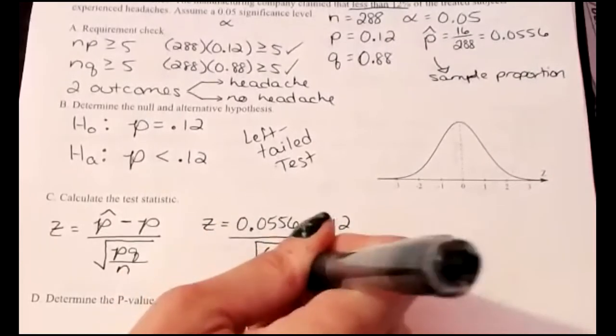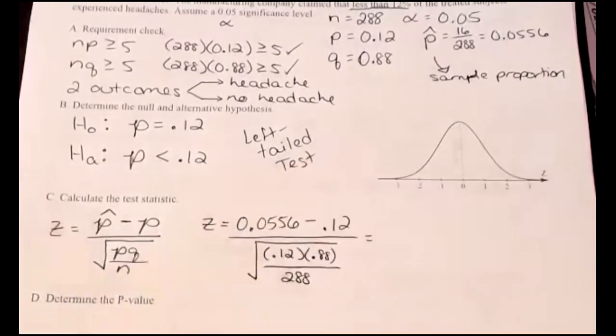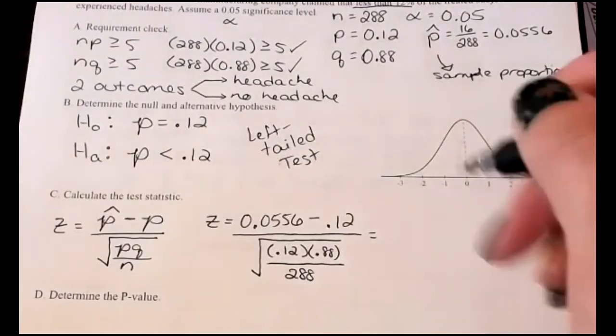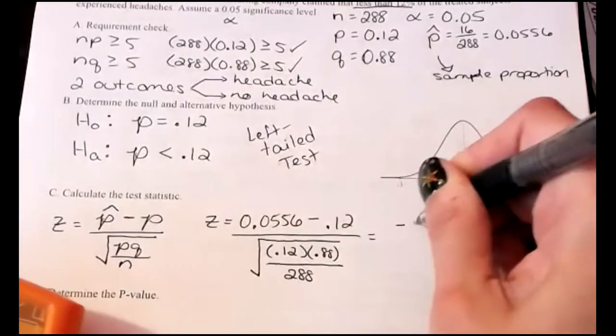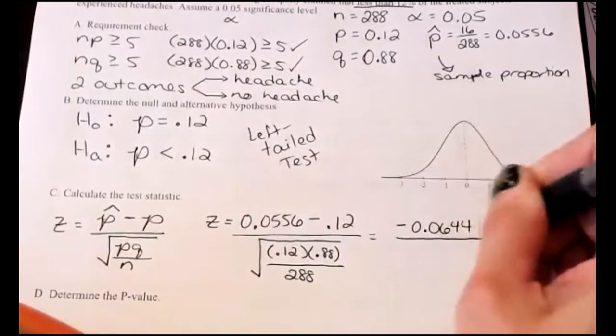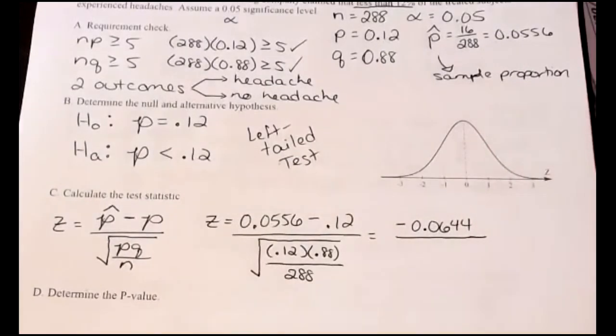My advice to you all, when you're taking your calculators, you should be doing this, and punching this in, I would literally just do the numerator first, enter that and write it out. You should be getting negative 0.0644.